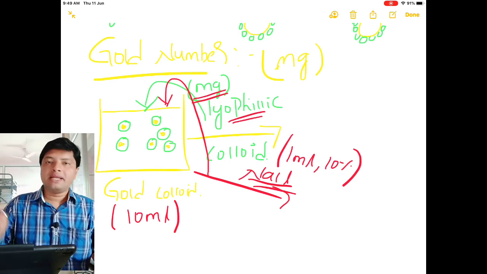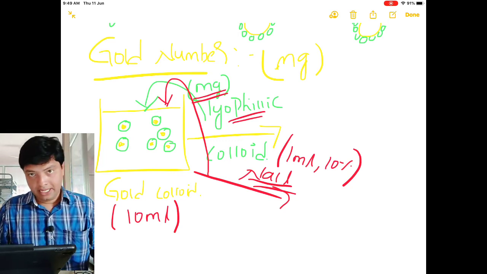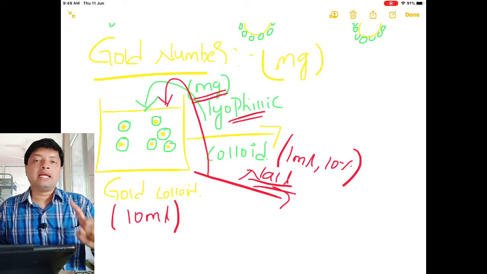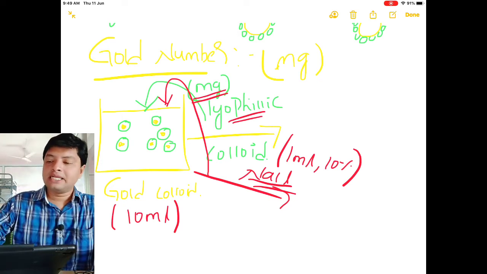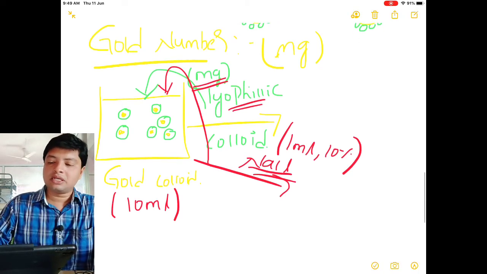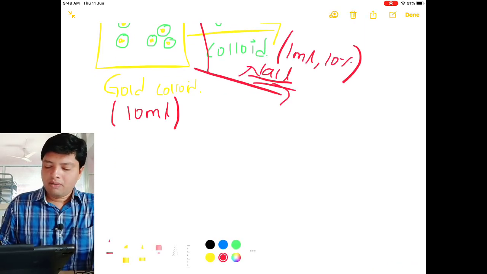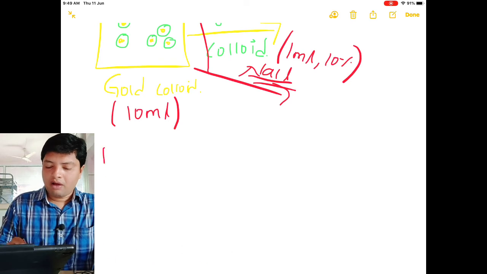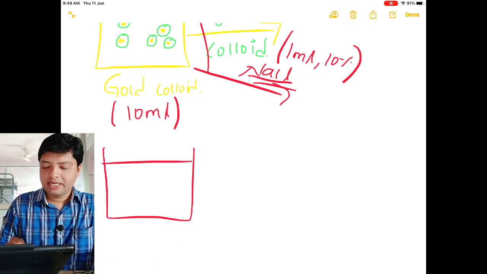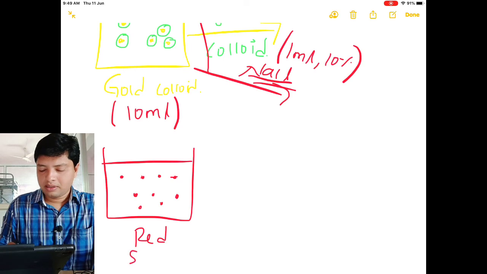Even though you add 1 ml of 10% NaCl, this lyophobic colloid is not getting destabilized. Not getting destabilized means we need to represent that in the form of color. The color of the lyophobic colloid when it is stable is red.